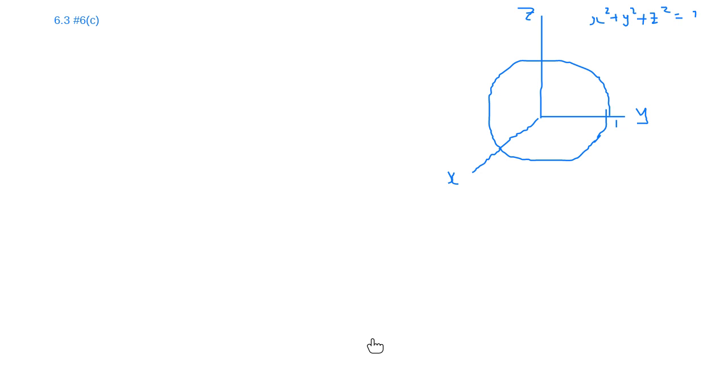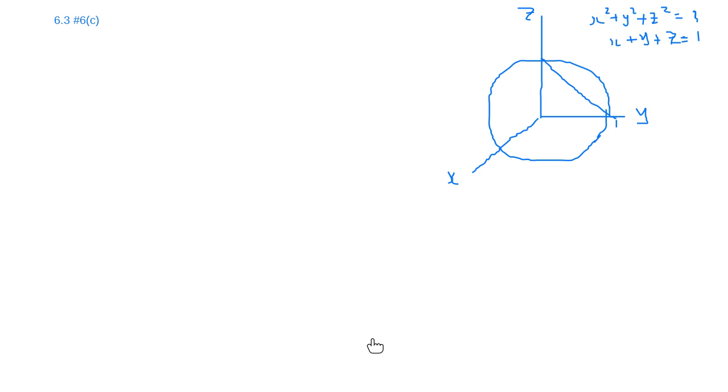And we have x plus y plus z equals 1 as well. Okay, so that plane, if z is equal to 0, we've got the equation y is 1 minus x.